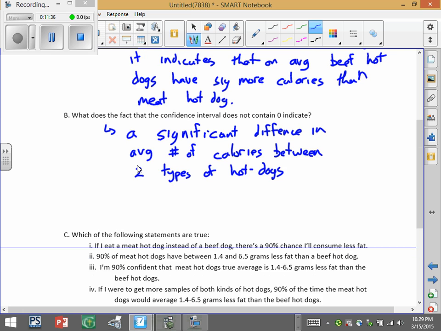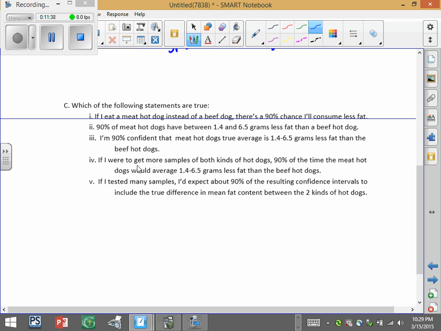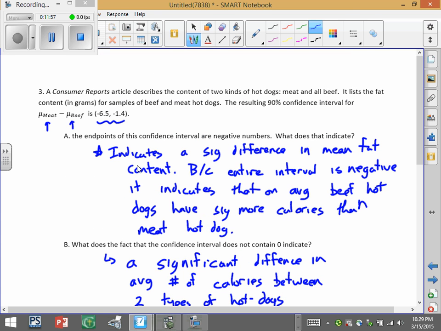All right. And so part C, which of the following statements are true? If I eat meat hot dogs instead of beef, there's a 90%. That's not it. Really, we're looking for what is the interpretation of that 90%. I'm 90% confident that meat hot dogs average 1.4 to 6.5 less grams. So again, which one would have less amount of calories?